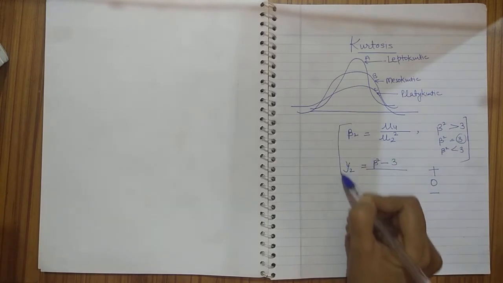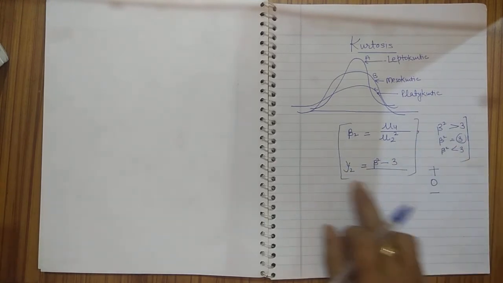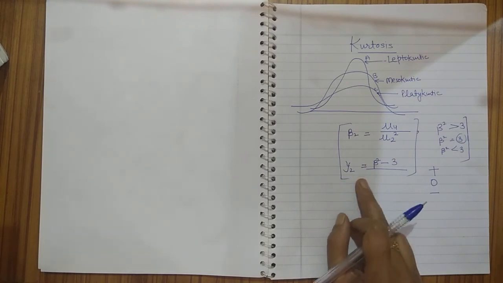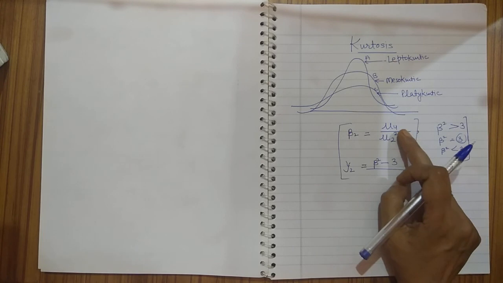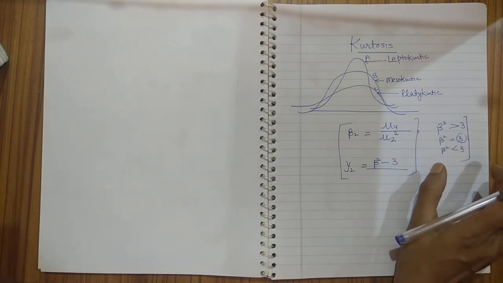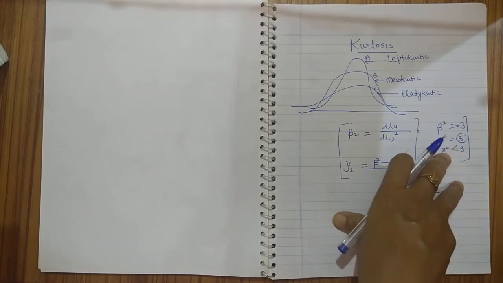So it will depend on which coefficient has been asked at the time of exams, and you will be required to calculate that only. So you must be aware of how to calculate these. One thing must be very clear in your mind: at the time of exams, no direct question will be asked.